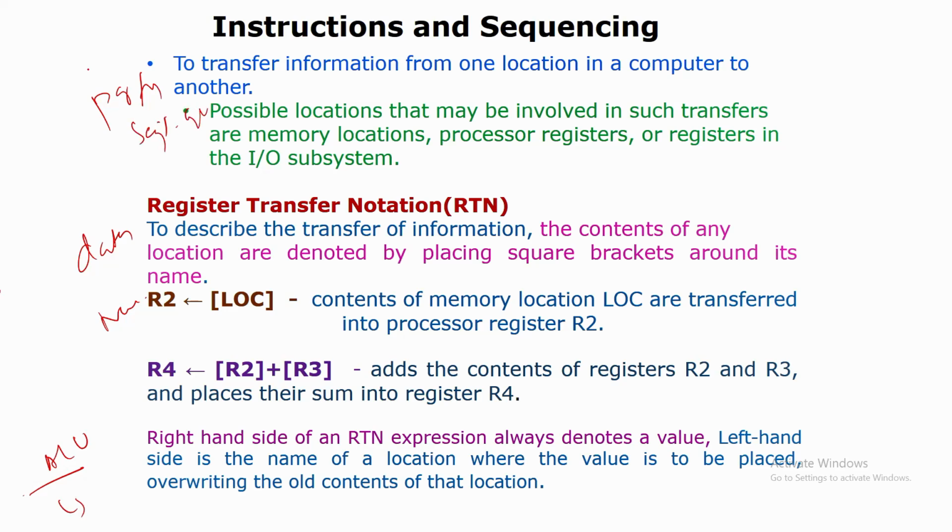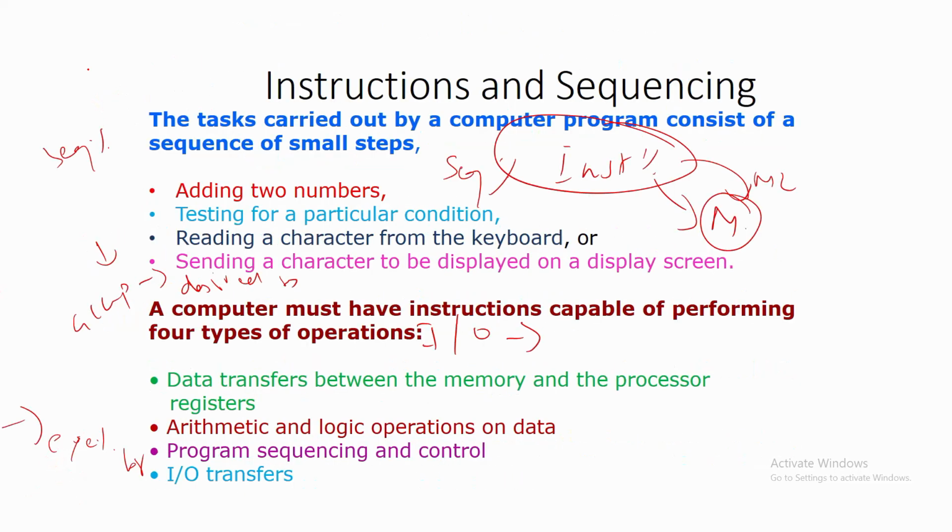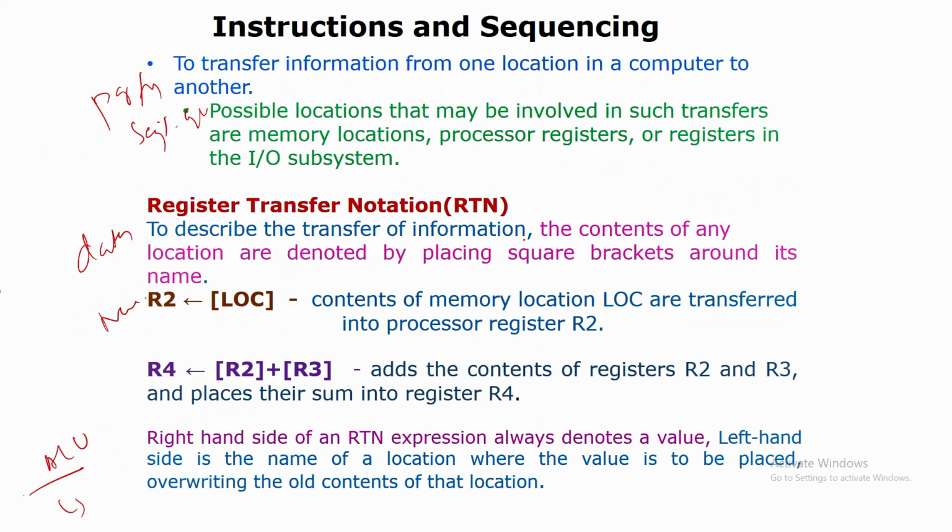Program sequencing and control determine the execution order of the machine instructions we have discussed, by making a looping mechanism or a branching mechanism.